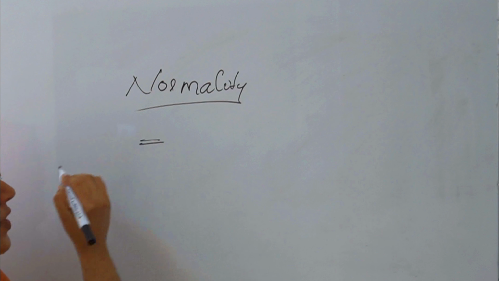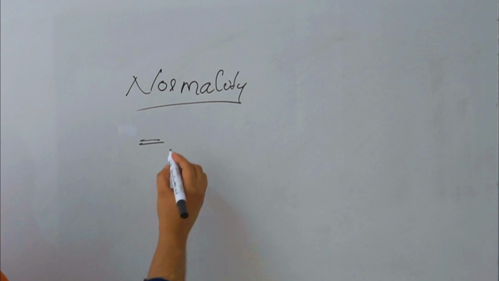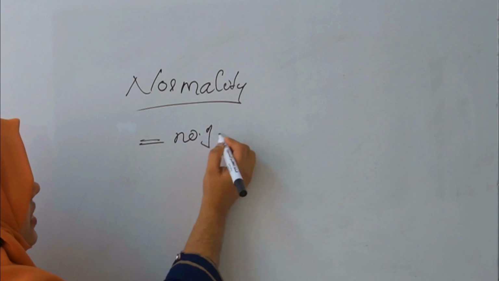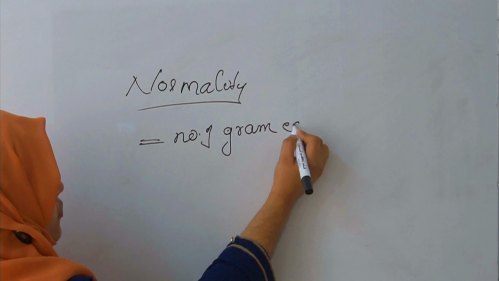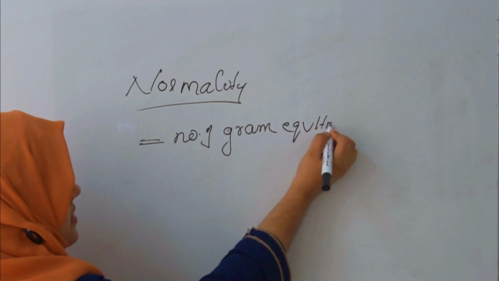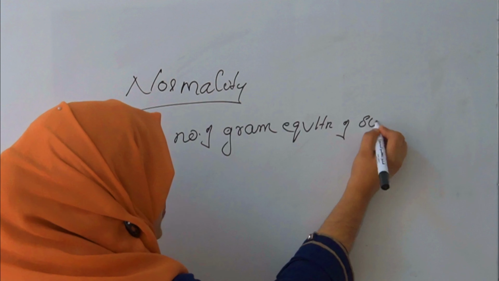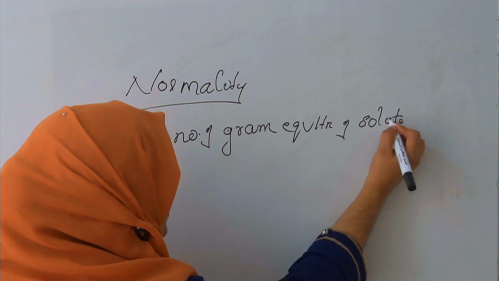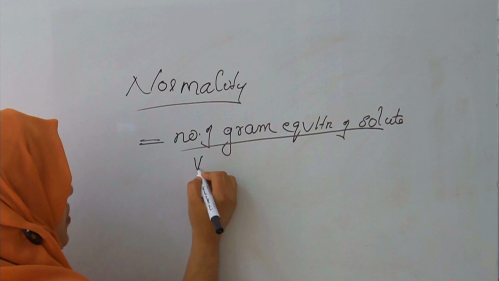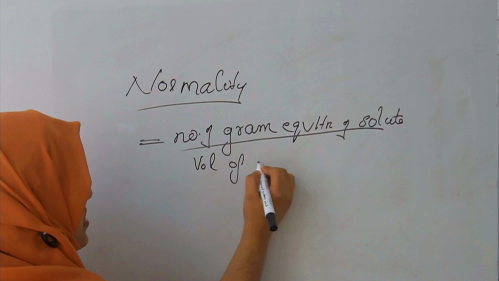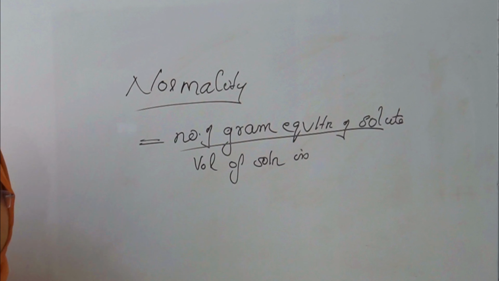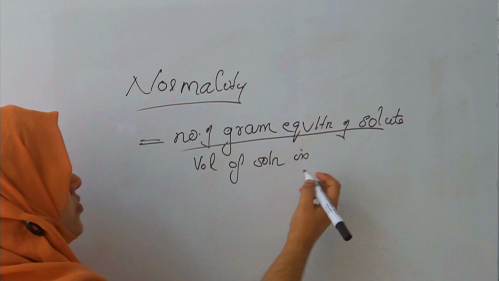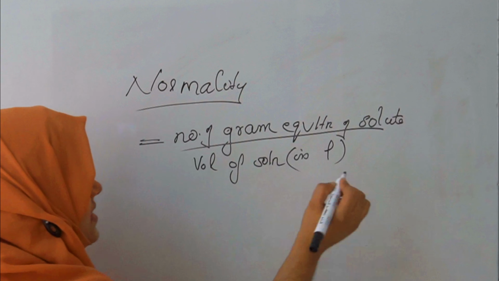Normality of the solute is the number of gram equivalents of solute divided by the volume of solution, in liters, same as molarity.